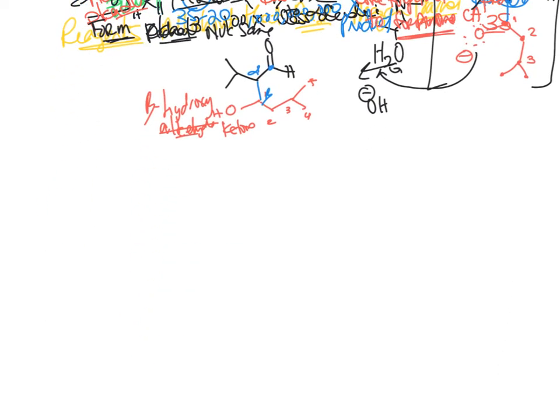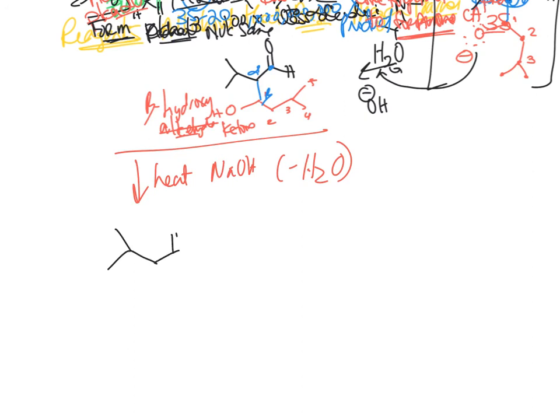Now, you always want to see this, but then you add heat, and you're in sodium hydroxide, so it will lose water. And what happens then is you actually get an alpha beta unsaturated ketone.